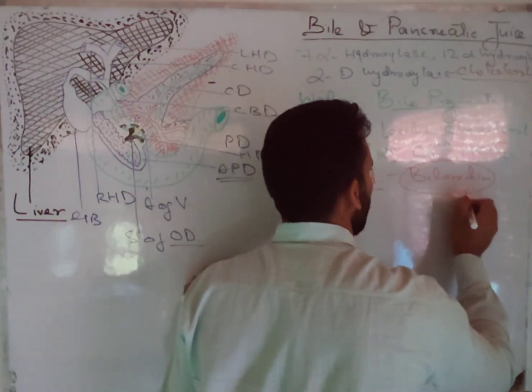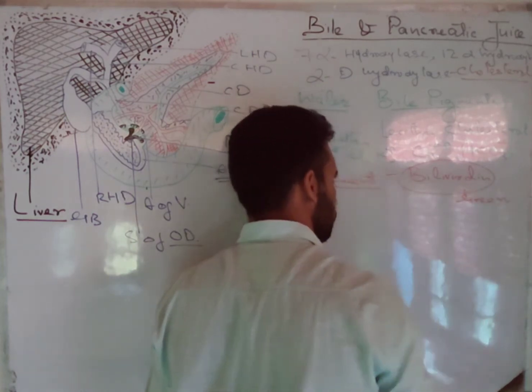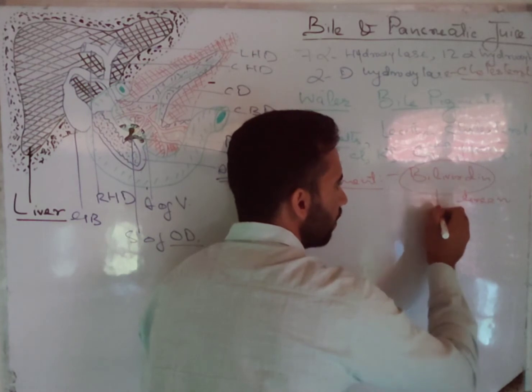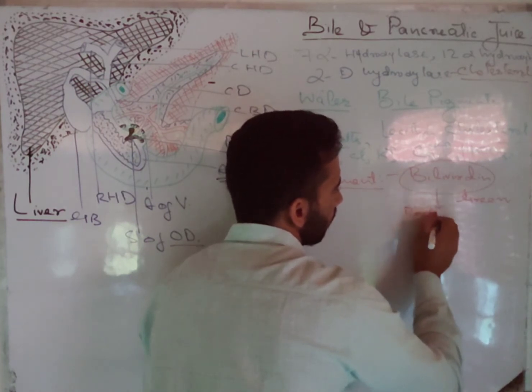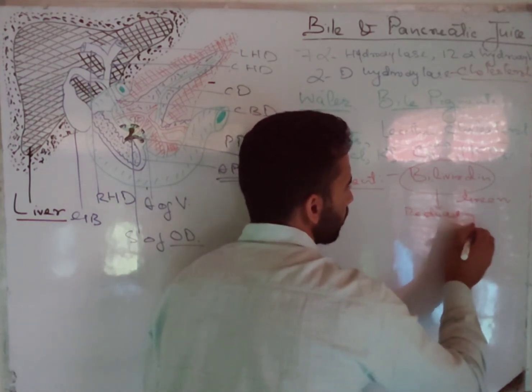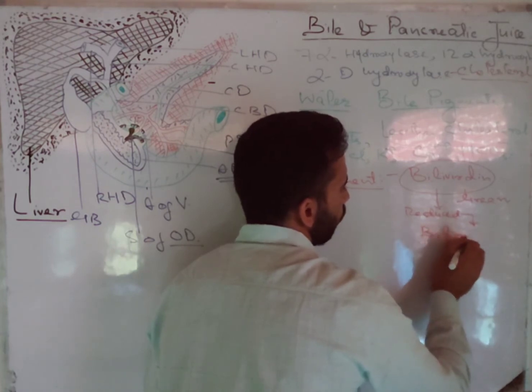But in many of the animals including humans, this green colored biliverdin is reduced in the liver into another form known as bilirubin.